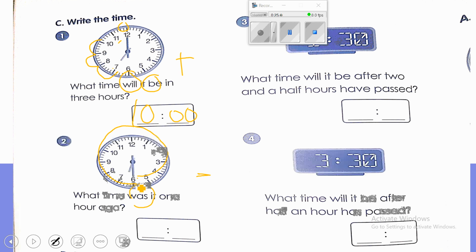It comes again to 30, right? And what's the hour before 6? Very nice. The hour before 6 is 5. Here is also the same. Here is after, that means I add. And here is after, that means I add.